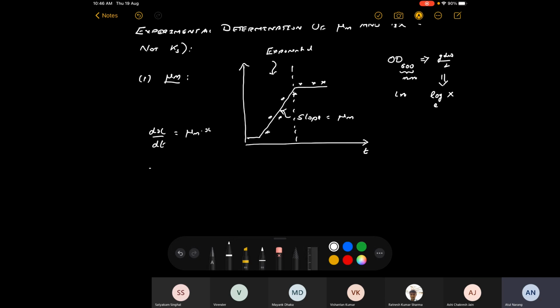And the way to do that is, supposing you take the cells out of the freezer, they've been stored. First, you grow them on LB medium so that these cells can recover from the state of hibernation they were in the freezer. You then first, let's say you want to see their growth rate on glucose. Now, first you grow them on glucose for one culture.